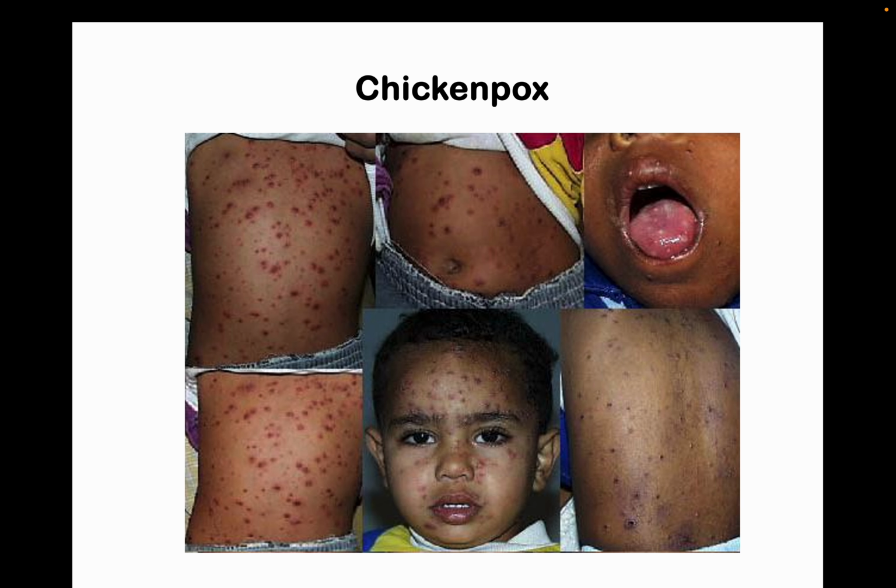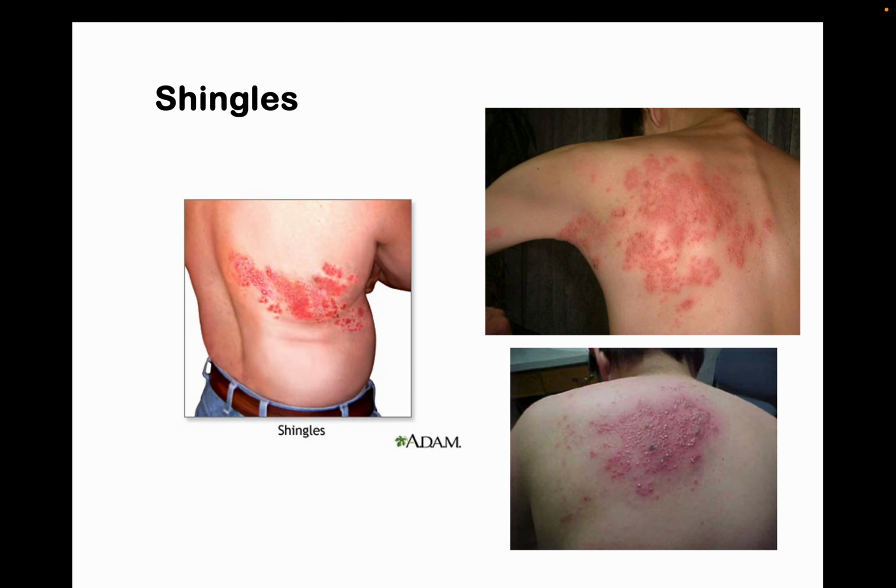It spreads very easily from person to person, especially those who did not get the vaccine yet. But of course the vaccine is already globally used, and the prevalence of this viral infection should be very small.